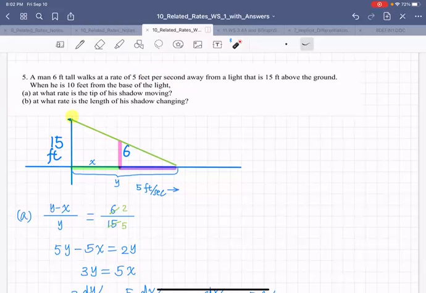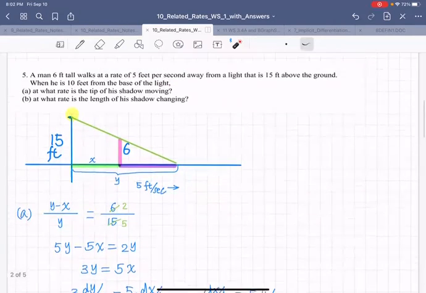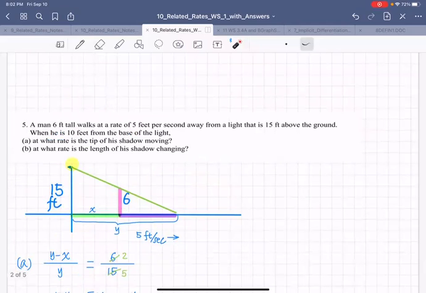Does that make sense? Yeah. Right. dx over dt is 5 feet per second. That's a thing we need to write down.